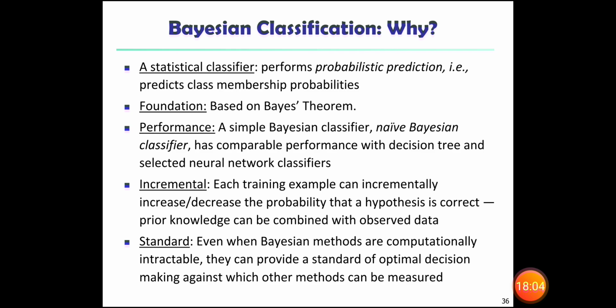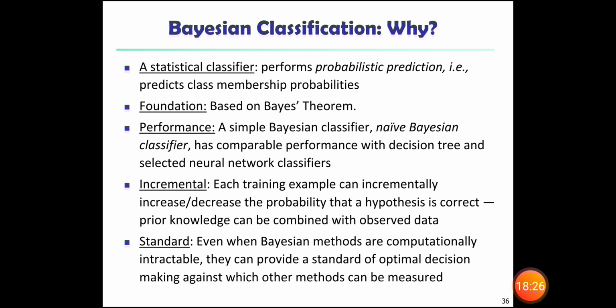It is a statistical classifier. It performs probabilistic predictions. It predicts the class membership probabilities. So basically, it is a statistical classifier, so obviously it will perform only probabilistic predictions. That means it predicts class membership probability.